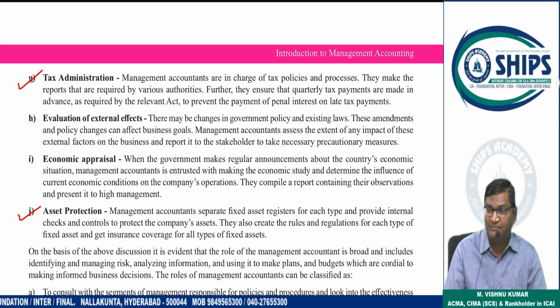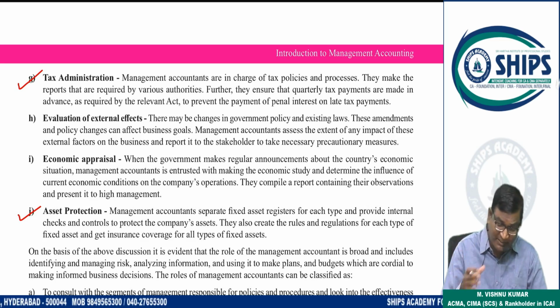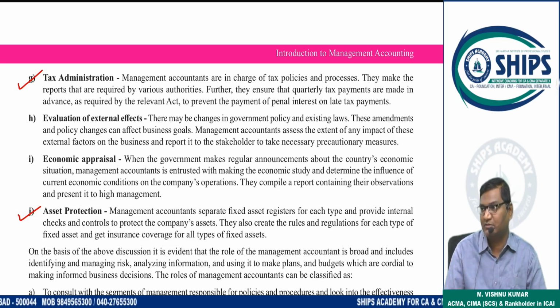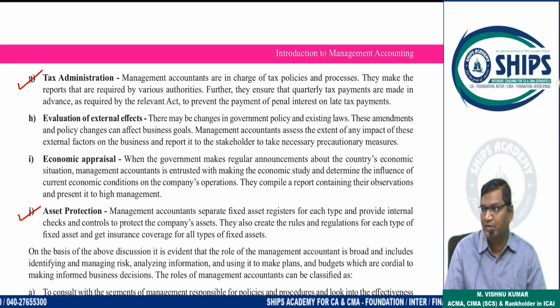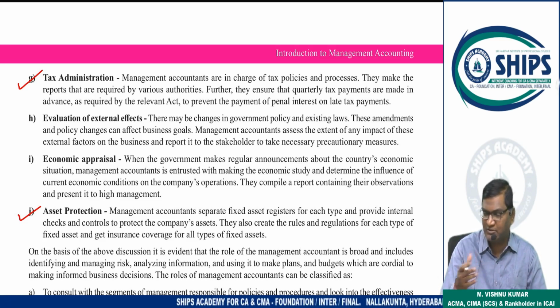So he has to guide the management towards optimum utilization, and proper protection is also necessary, because majority funds will be invested in fixed assets. When an organization purchases fixed assets, a heavy portion or heavy budget is involved in that. So if anything goes wrong, whatever profits you earned over so many years will ultimately be invested in the asset itself.